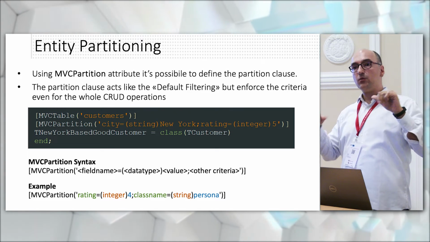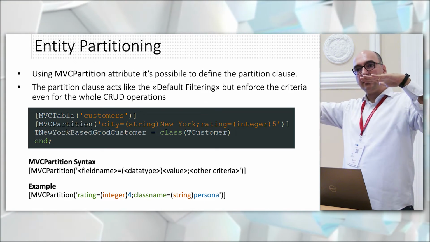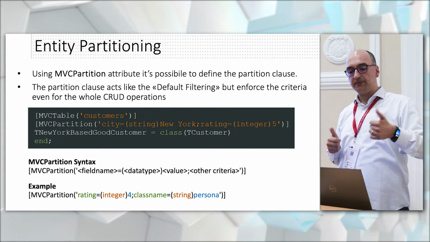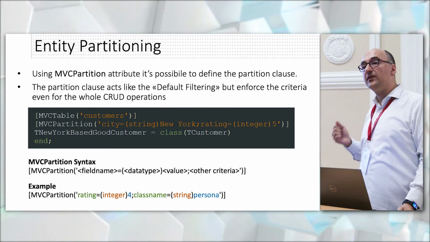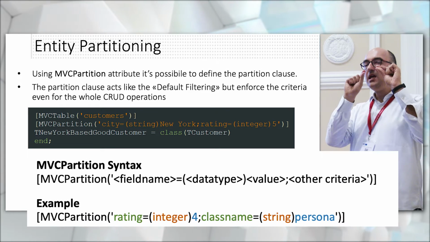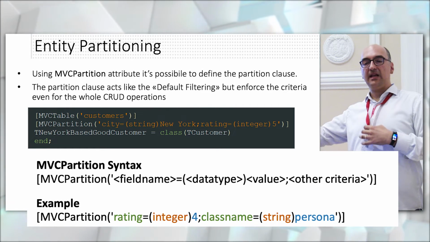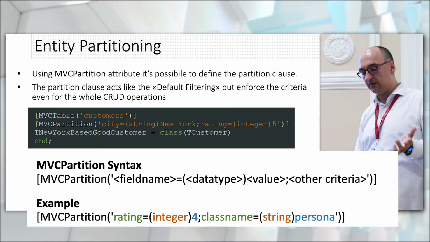In this case, we are slicing our tables horizontally to define new entities. In this case, the criteria must be equal to something, it cannot be greater than, like in the case of the filtering.